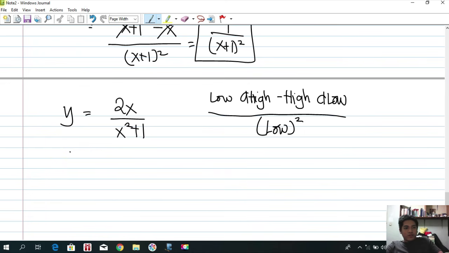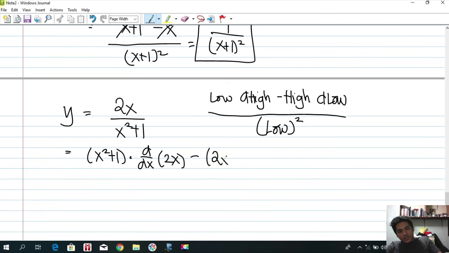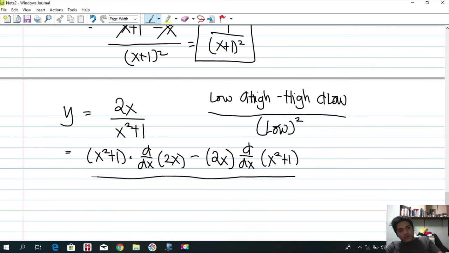I suggest you memorize this. First, we need to get the low, which is the denominator, x squared plus 1, multiply it by the derivative of the high, d over dx of 2x, minus high, which is 2x, times the derivative of low, d over dx of x squared plus 1, divided by low squared, x squared plus 1 raised to 2.